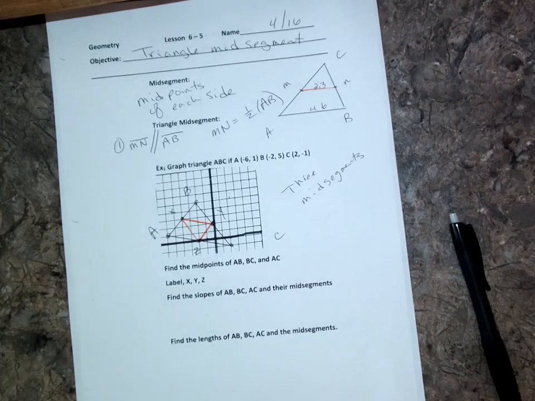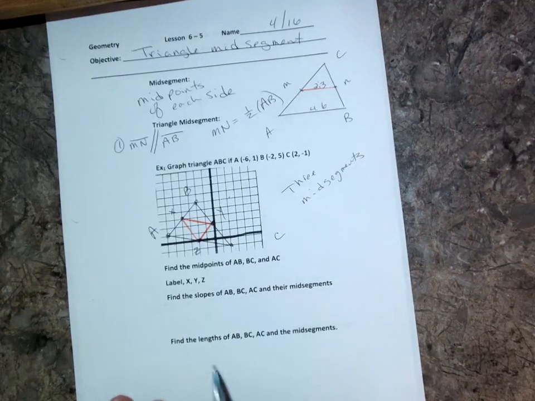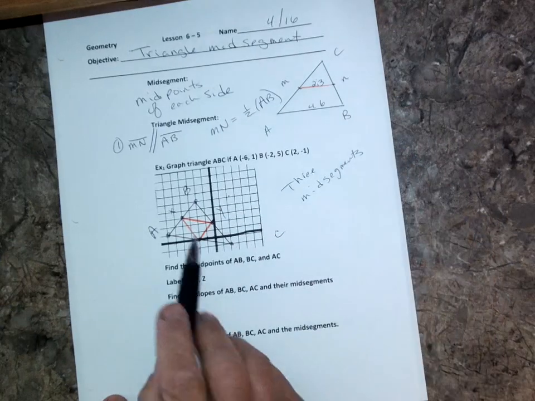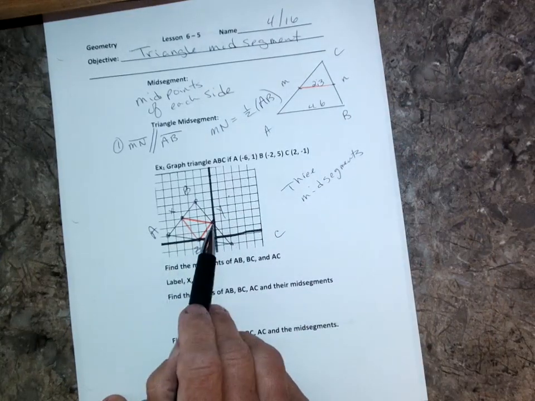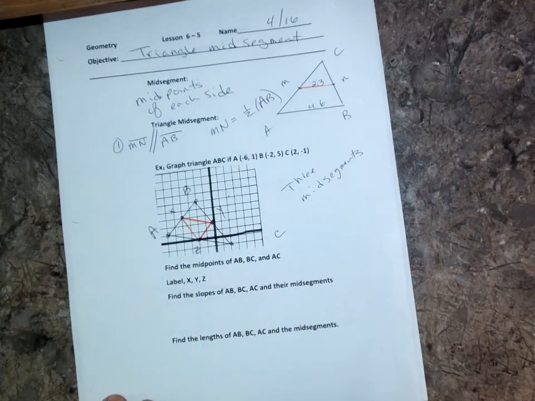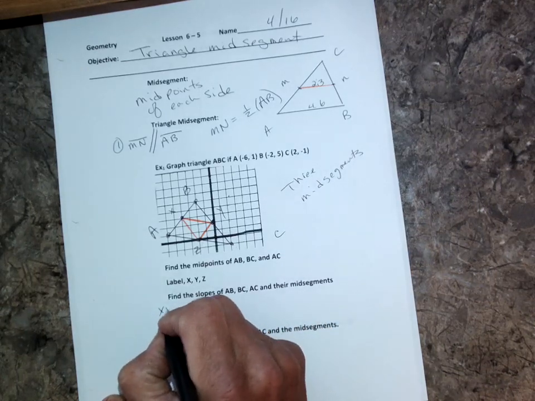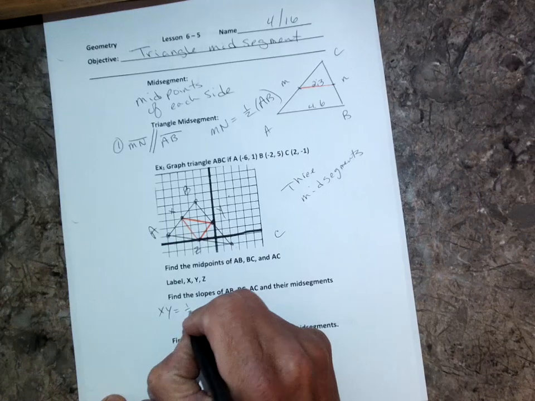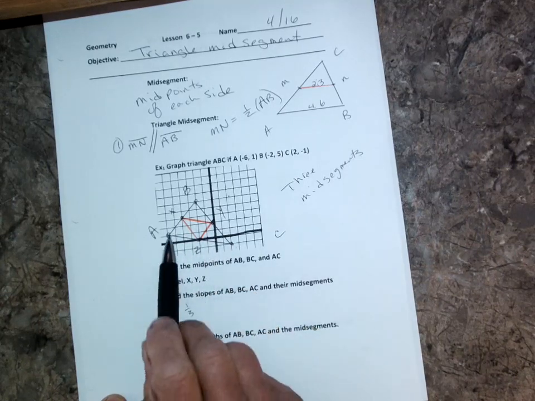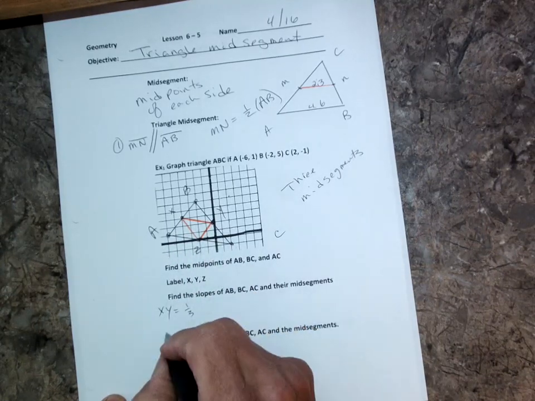So, first of all, they want the slopes. So slopes are easy. The slope of XY is down 1 over 3, and the slope of AB is down 2 over 6.